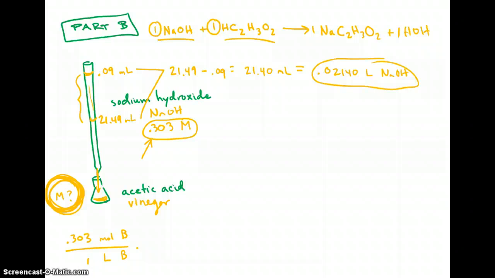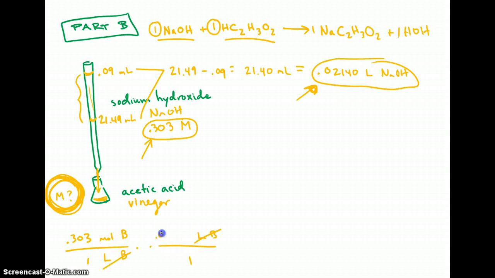The answer would be 5. Okay, if you multiply by the denominator, you get rid of the denominator. I want to multiply by liters of base in the numerator so I can cancel this. I can cancel it if I use the volume of the base. Here is my volume of the base up there.